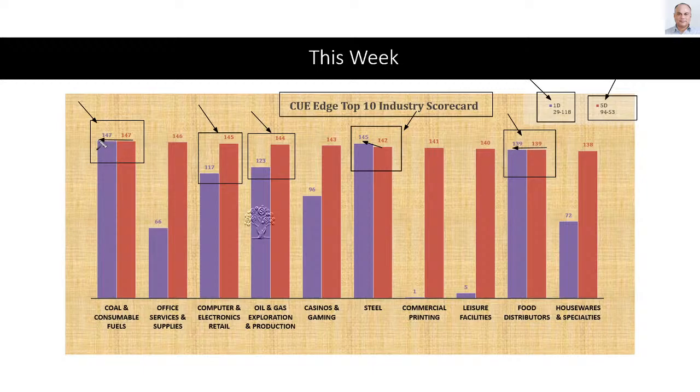Coal and consumable fuels remained exactly the same at 147. So steel is the one which is among the best performing industries over 5 days over the week. And on Friday, though the market came down, maybe steel also came down, we have to check. But as far as relative score is concerned, it actually went up. Therefore, we may look for buying steel stocks.